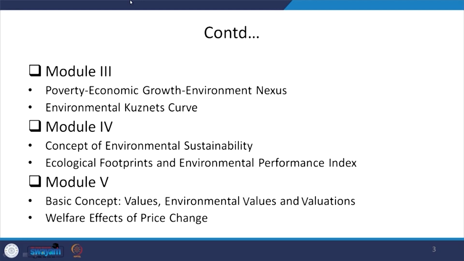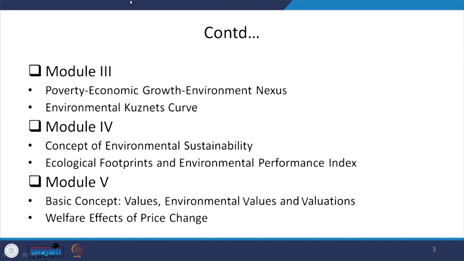Initially, when the economic growth increases, environmental degradation increases, but after a particular level of economic development, environmental condition improves. So, this relationship will be discussed in detail in module 3.